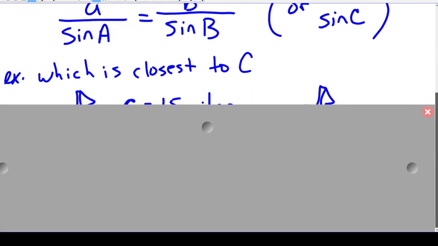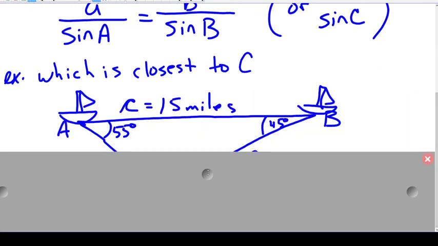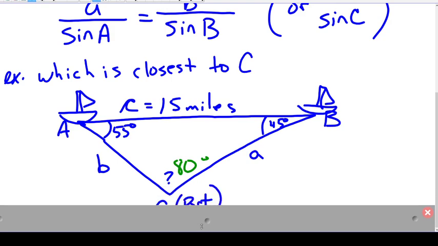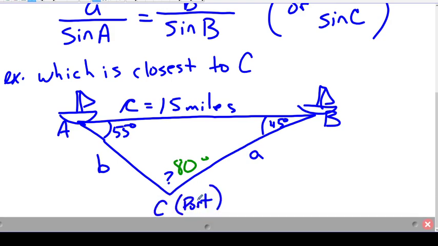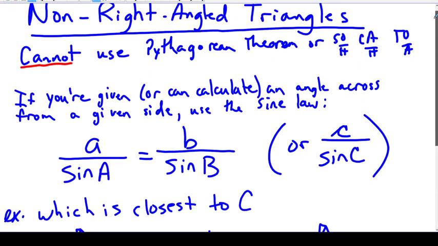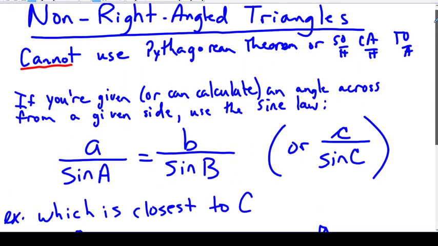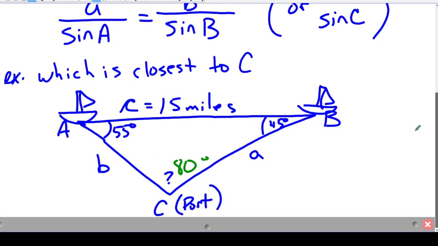So let's say you had a question that said, here are a couple of boats. Which boat is closest to port C? Now, I want you to notice that the 80-degree angle here technically doesn't have to be given to you in order to be able to have the condition that you have to be given an angle across from a given side to be able to use the sine law.